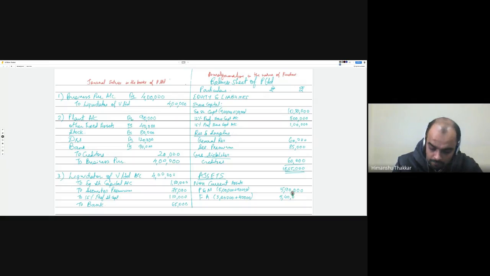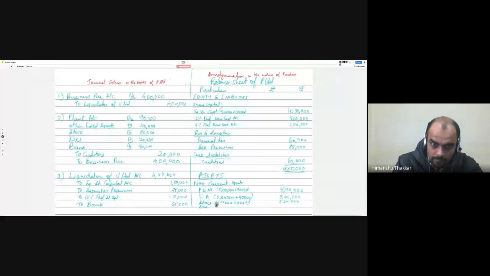Stock, total of the two: 1 lakh 40 plus 80, 2 lakh 20. Then debtors, 1 lakh.